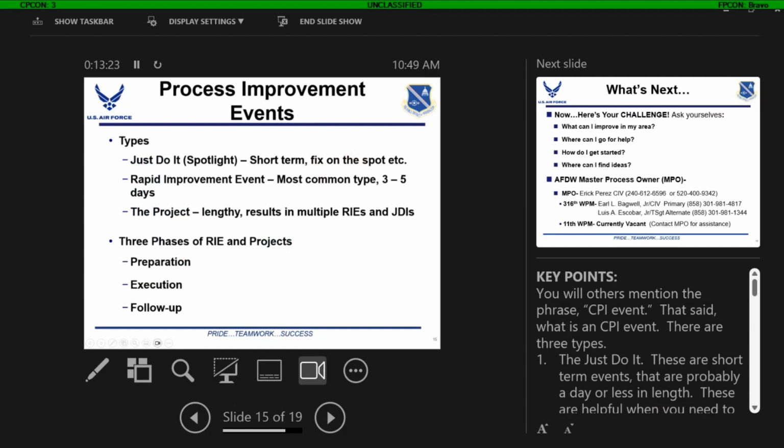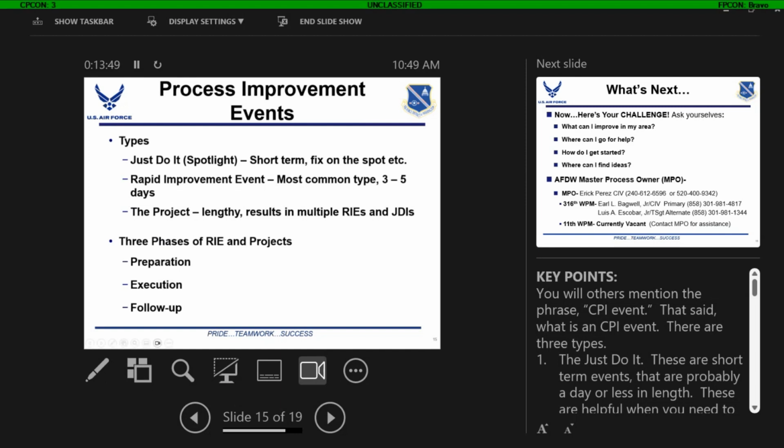Process improvement events, there are different types. The first type is just do it, recently renamed or referred to as spotlights. These are very short-term, very low-level, no approval needed actions that can be done very, very quickly.